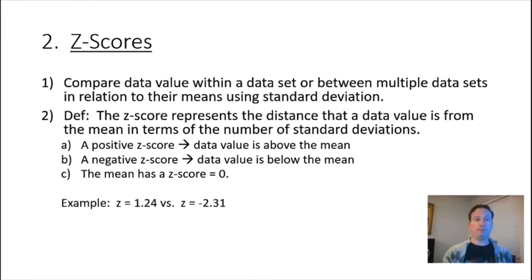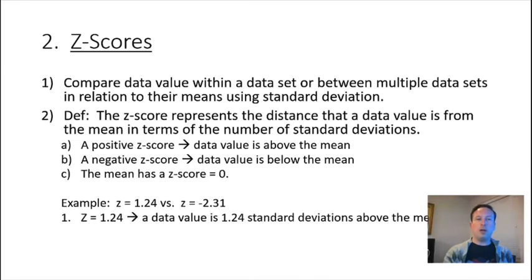For example, suppose we have these two z-scores. How would you interpret these? So the first one, for positive 1.24, we would say whatever data value that represents, that value is 1.24 standard deviations above the mean. It's above the mean because it's positive. Remember, the z-score is in terms of the number of standard deviations. So whenever you see a z-score, it's like when you have distance, like 2 feet, 3 feet, 4 feet, miles, inches.